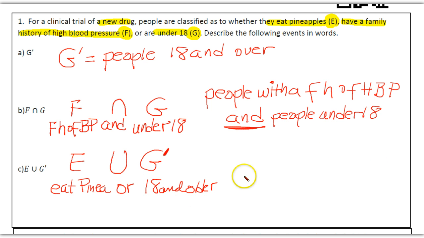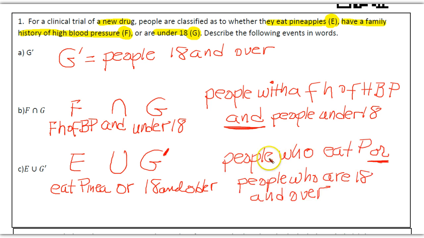Now we just put that into a statement. So something like this: people who eat pineapple, and because of this union symbol, we're inserting the word or, and we did this up here, people who are 18 and over.